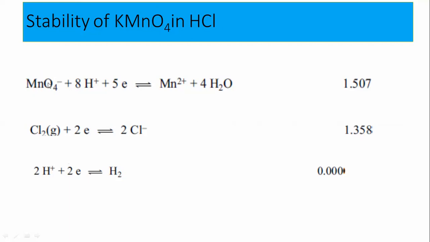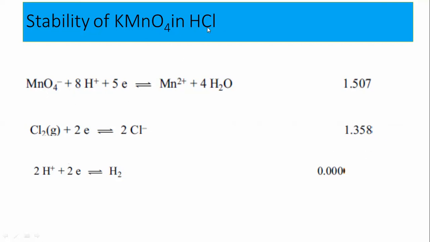So MnO4 is stable in the presence of H positive. Now will MnO4 react with the chlorine? What is your immediate answer? Yes, it will. Correct. And this is a spontaneous reaction, because 1.507 minus 1.358 gives a positive answer.